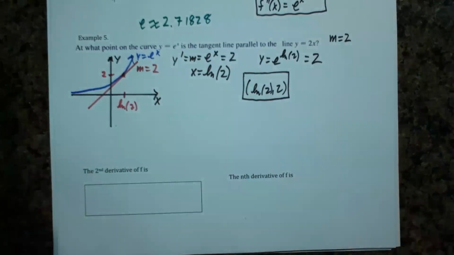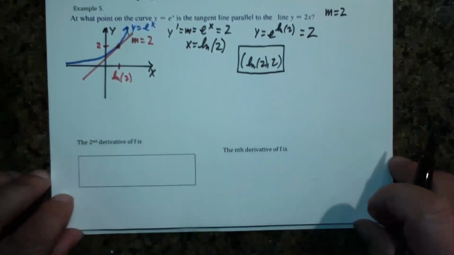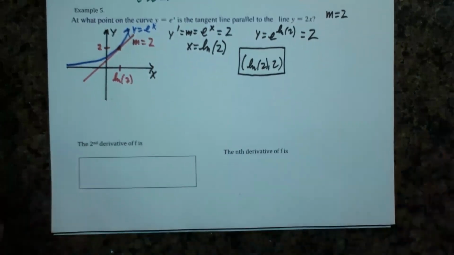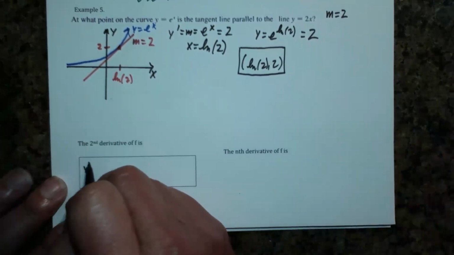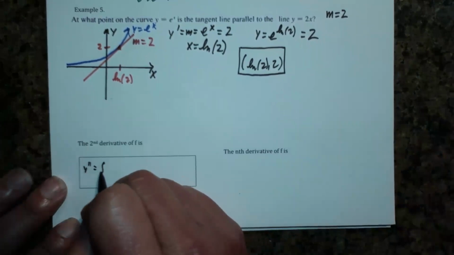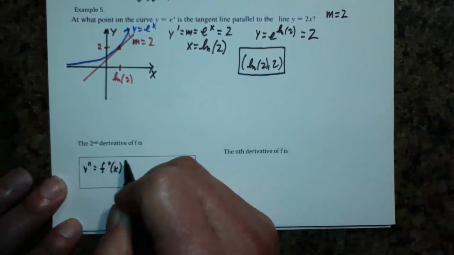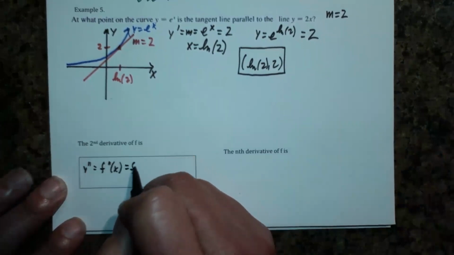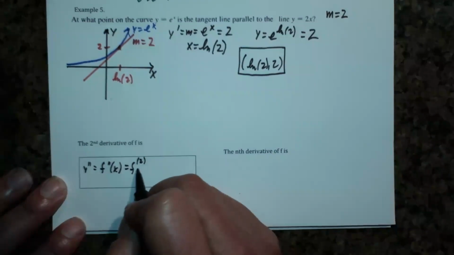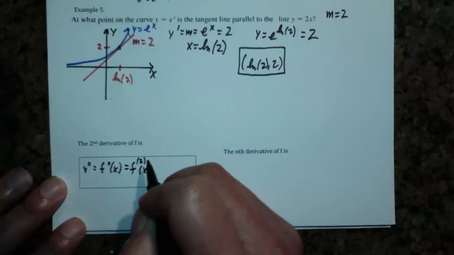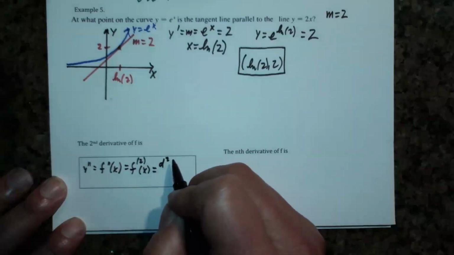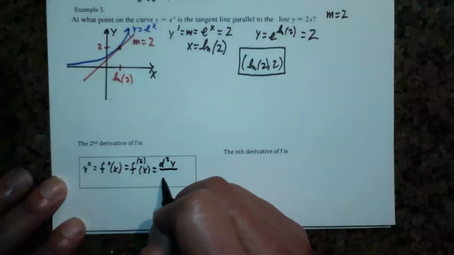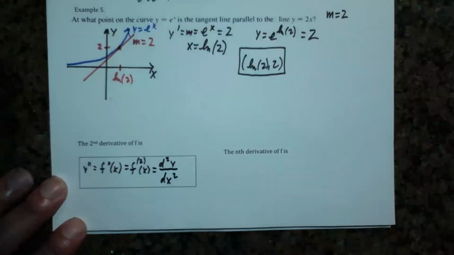All right, last part. The second derivative of f looks like this. We have lots of different notations. We have y double prime, f double prime of x. We could say f and put a 2 in there, and I'll show you where that notation comes from in just a moment. And the Leibniz notation looks like that.